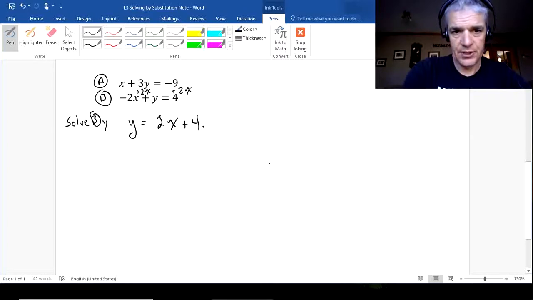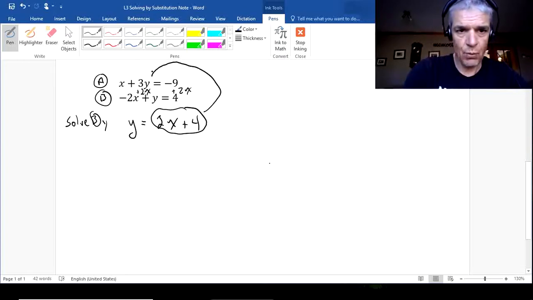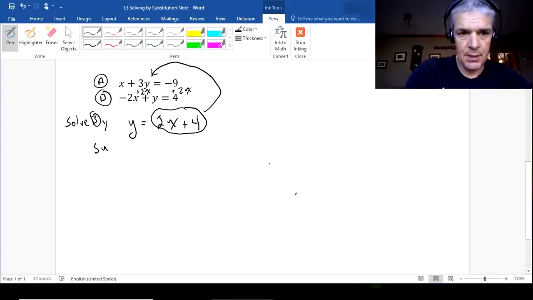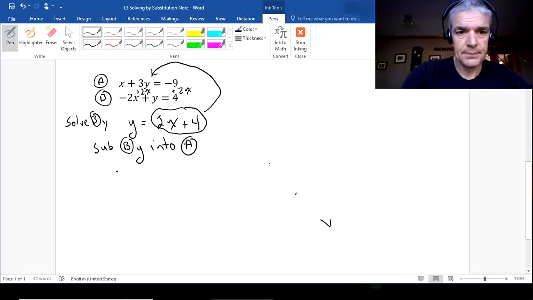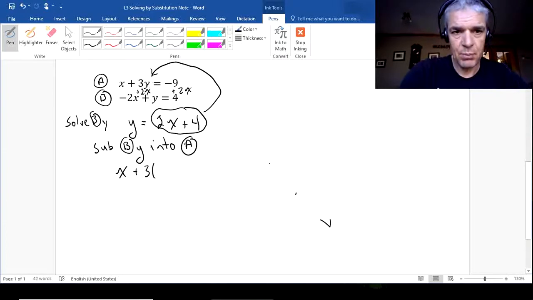So what I've done is I've rearranged B so that it is in y form. Now I can do the same thing I did in the last question. I can take this information here and substitute it in for the y right there in A. So I've got to say sub B into A. And when I do that, I simply write x plus 3, and now instead of putting y in here, I'm rewriting it: I'm going to write in 2x plus 4.